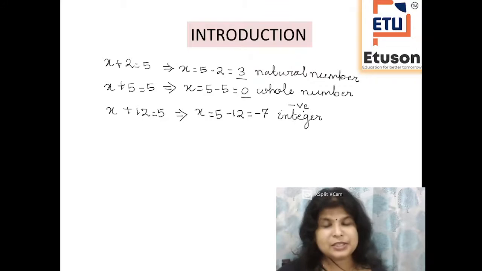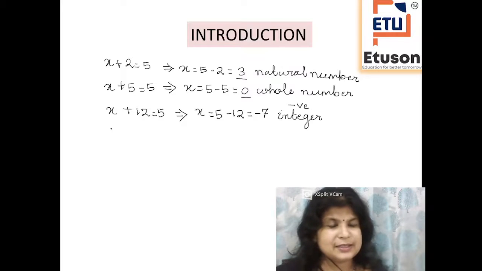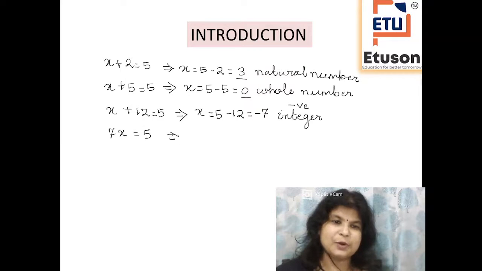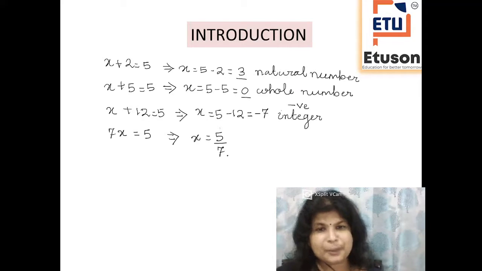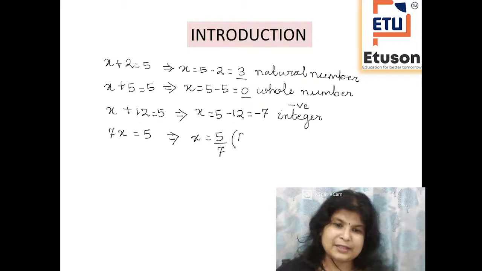So in integers you have negative integers, you have 0 and positive integers. Now let us consider another kind of linear equation where 7x is equal to 5. So in this case, what will be the value of x? So x is equal to 5 by 7. Now what kind of number is 5 by 7? Is it a natural number or whole number or integer? No, this is a fraction or rational number.